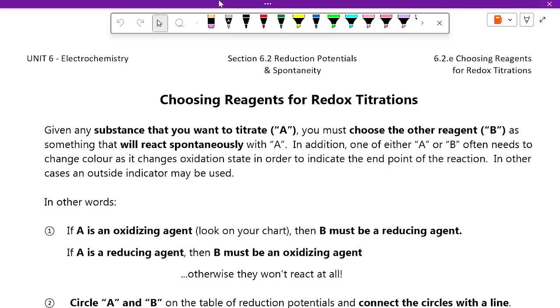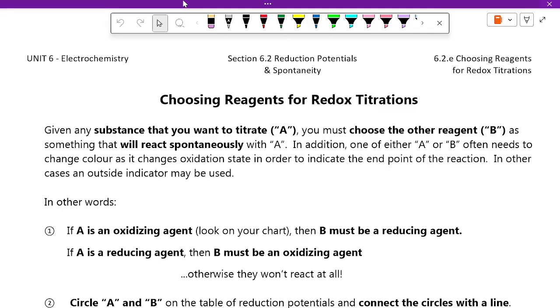If I give you an oxidizing agent, you must choose to react it with a reducing agent. If I give you a reducing agent, you must choose an oxidizing agent. So you need one thing from both sides of the chart. In order for the reaction to proceed, what type of reaction should those two substances make?